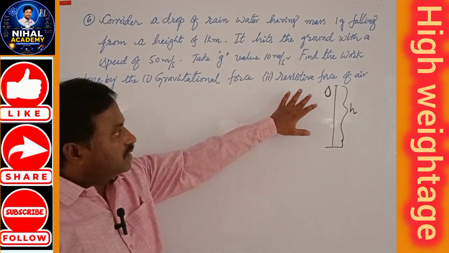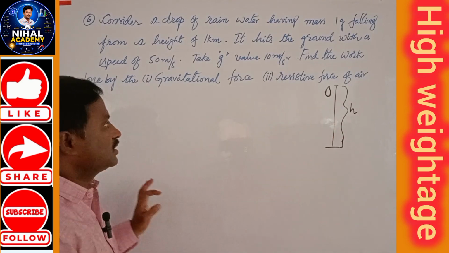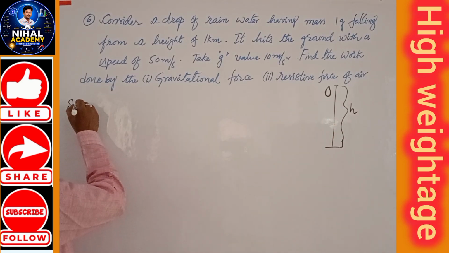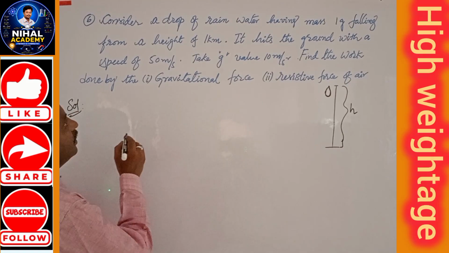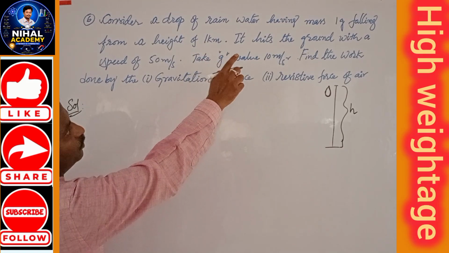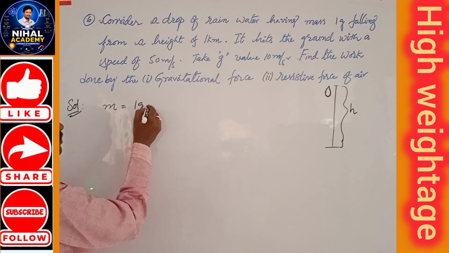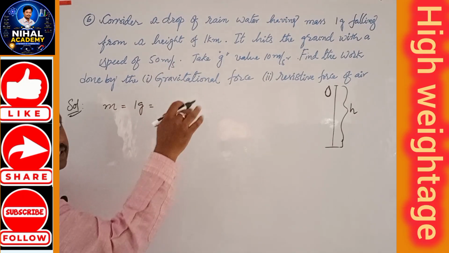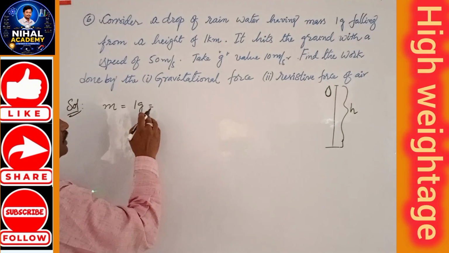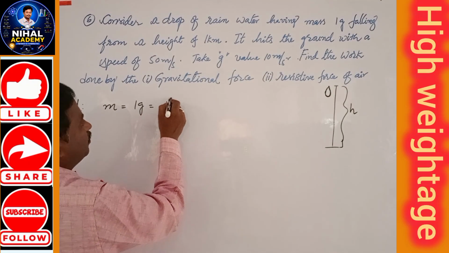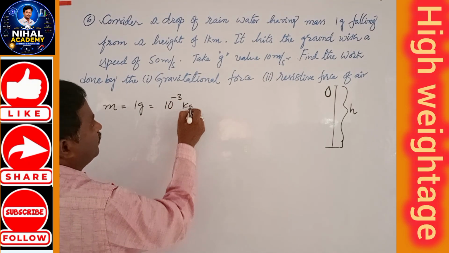So here, a drop is falling from a height. What is given here? First, we'll write down the given data. A drop of rainwater having mass m is equal to 1 gram, so we'll convert it into kilograms. That is equal to 10 power minus 3 kilogram.